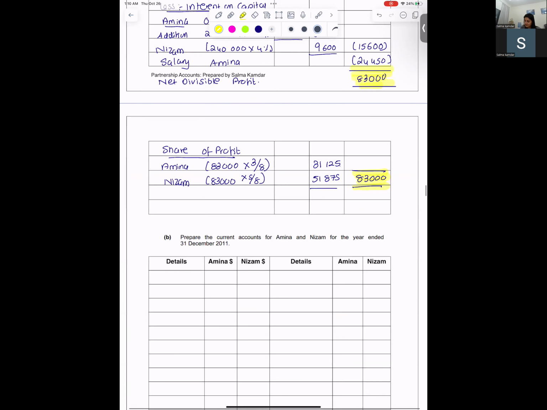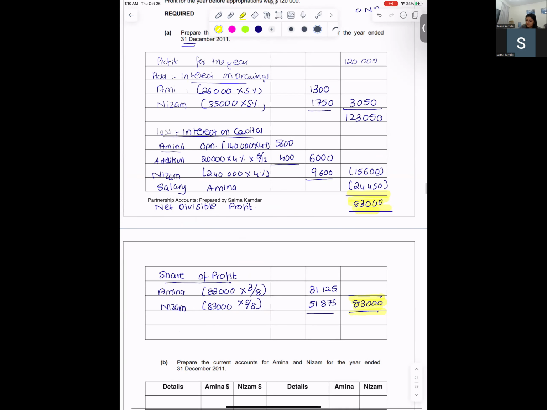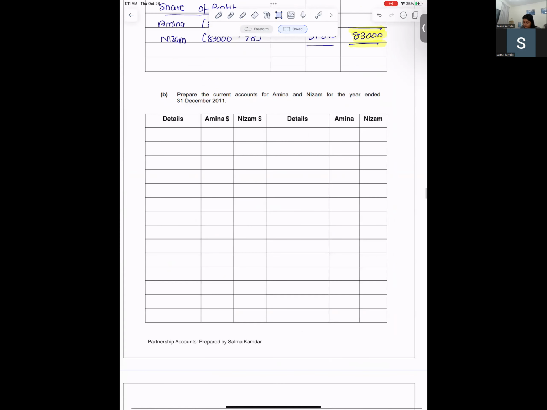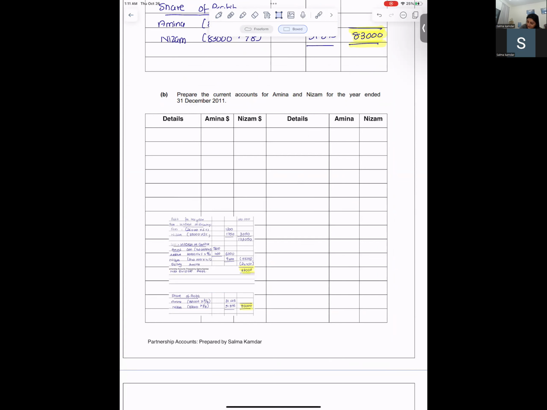Now I have to make the current account. The current account is very simple. Everything that is in the appropriation account would come in the current account. Other than that, you will have balance brought down, which could be on either side. You would have drawings on the debit.